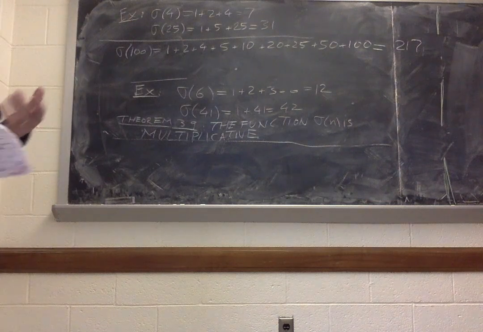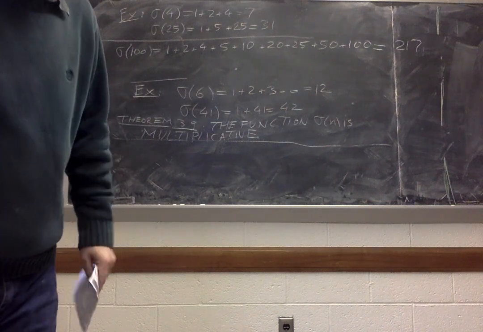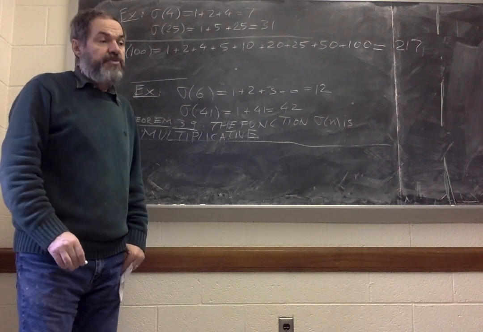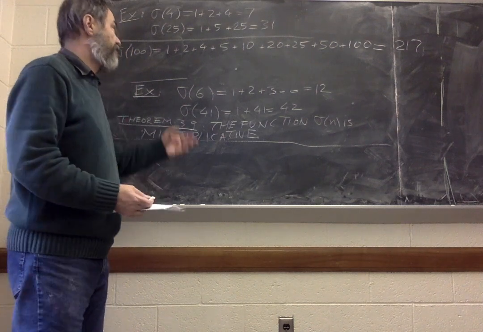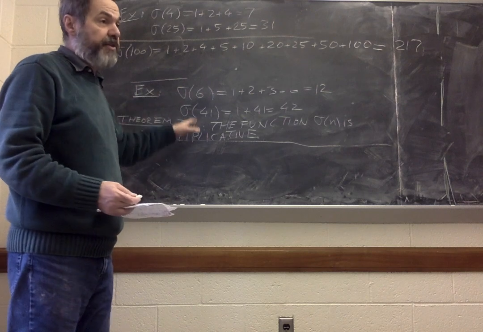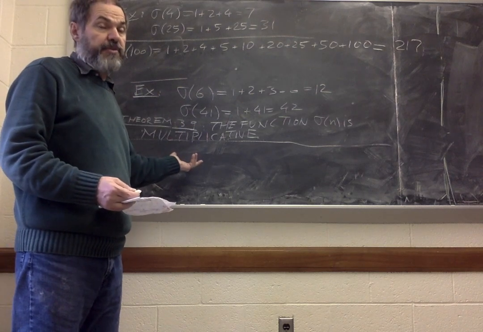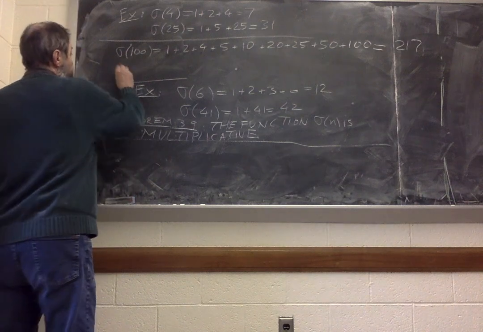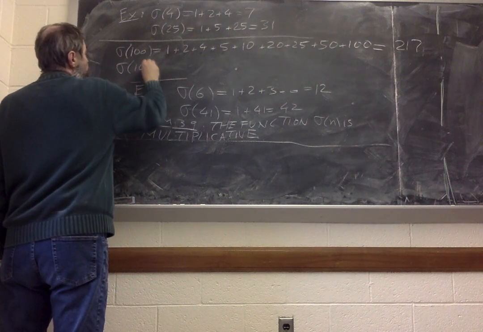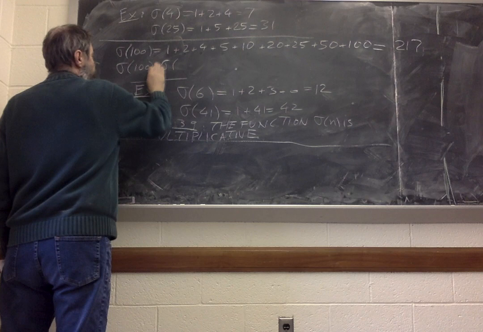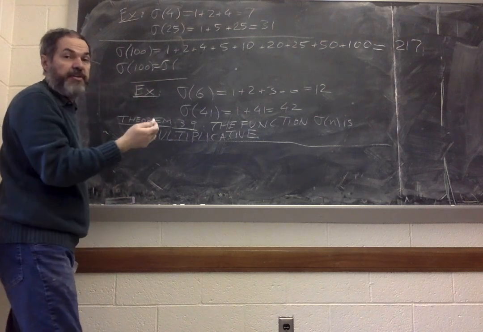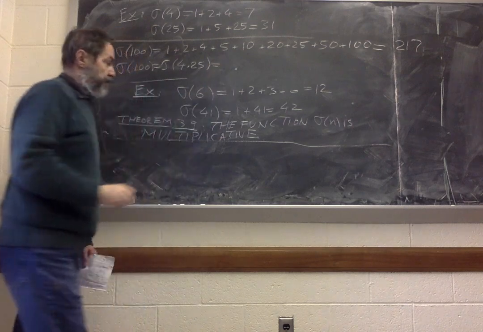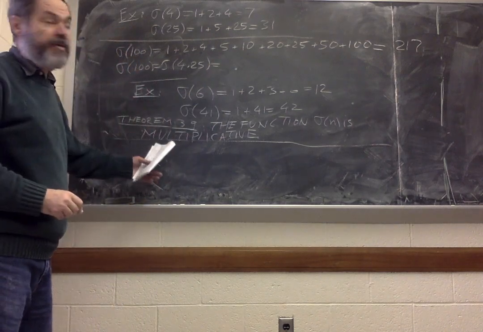In the case of the sigma function, the sum of divisors, it may sometimes be useful to appeal to the multiplicativity property, because we can write sigma of 100 as sigma of 4 times 25, using the theorem that this function is multiplicative.